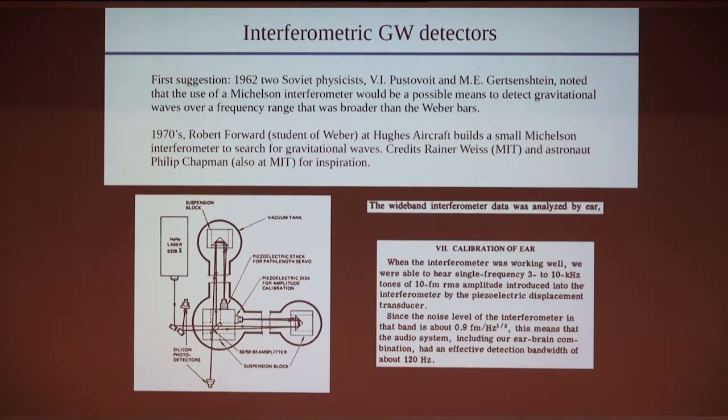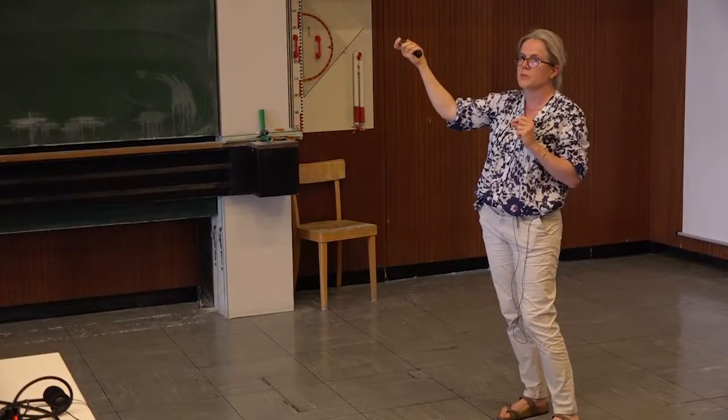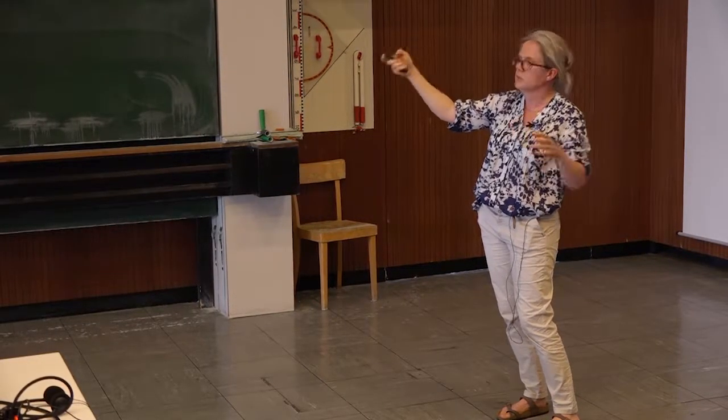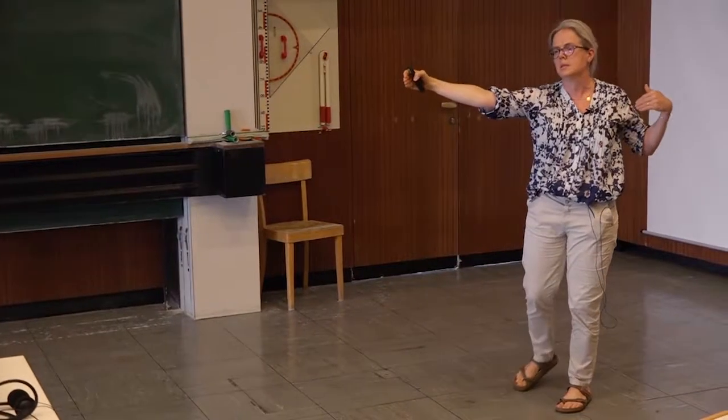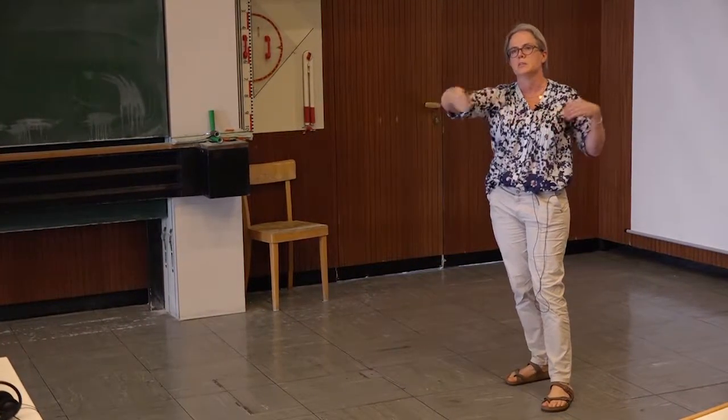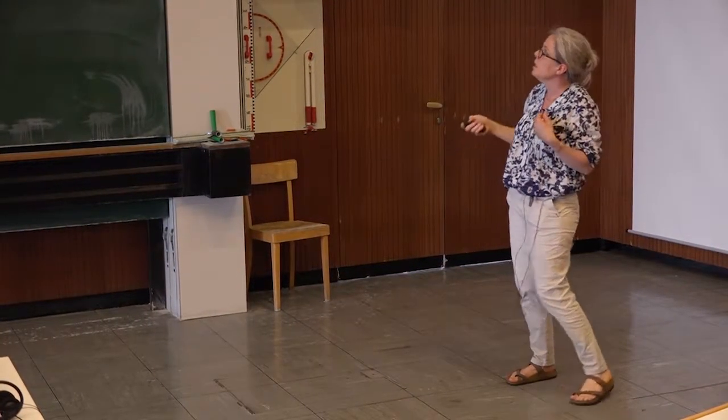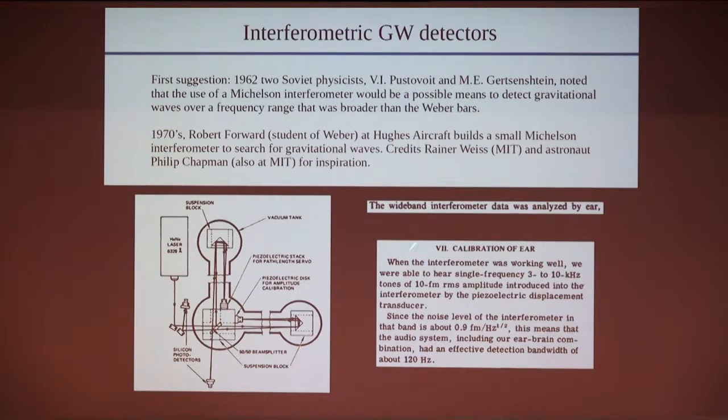And in the 70s, he built actually the first prototype. So the first laser interferometer prototype was a tabletop experiment, a few meters interferometer. And you see the design, it was very simple.